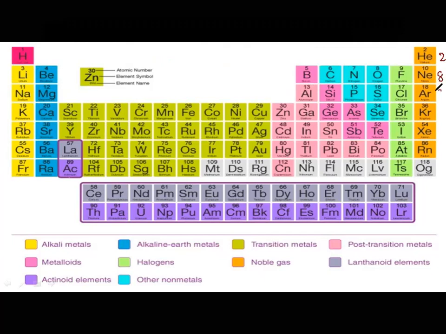Potassium is separated after 8 elements. Rubidium is separated after 18 elements. Cesium is separated after 18 elements. Then 32 elements. Getting it? So after 2 elements, there is repetition. I can write it like this: 2, then 8, 8, 18, 18, 32.